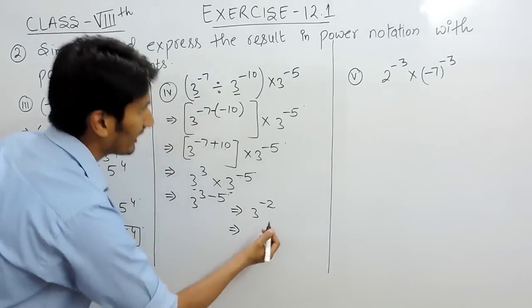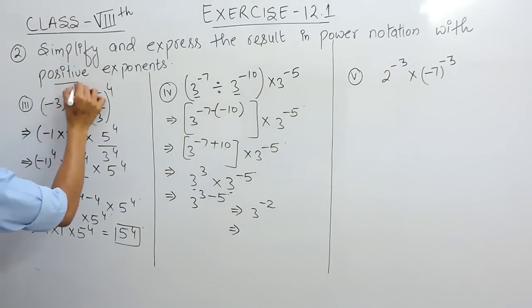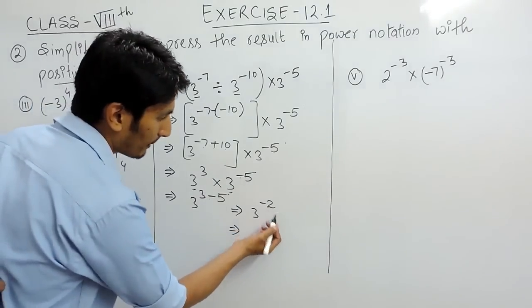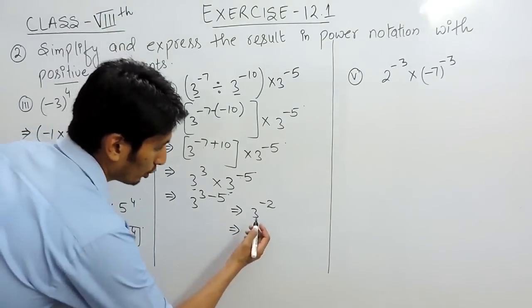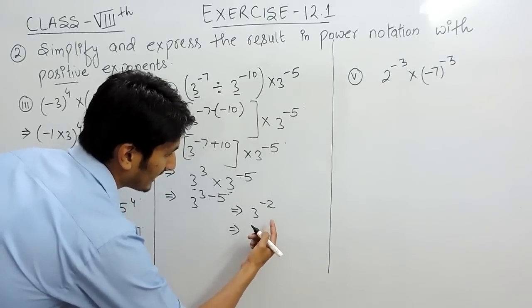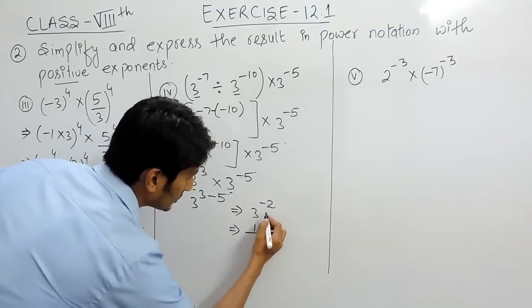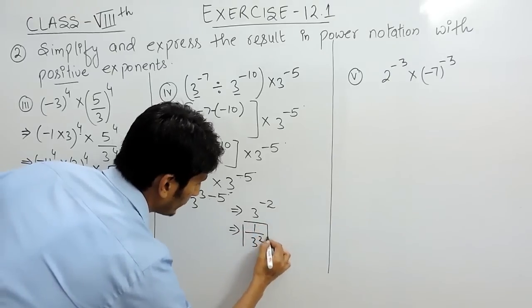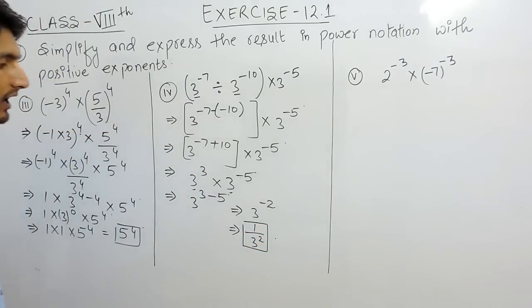We have to write this in positive exponents. That means we have to convert this power to positive. Whenever there is a negative power and you want to convert it into positive, shift this power to the denominator. So this should be the answer.